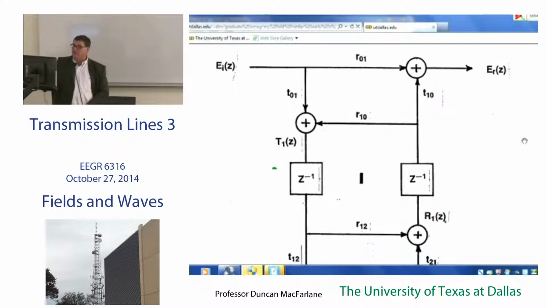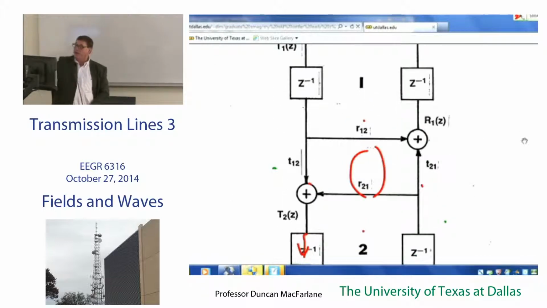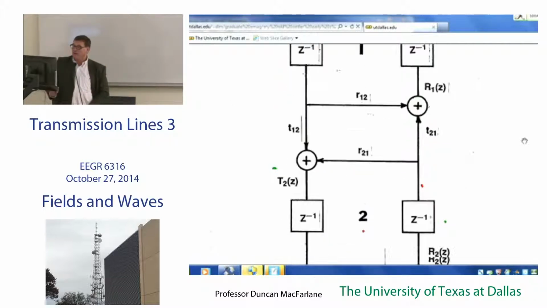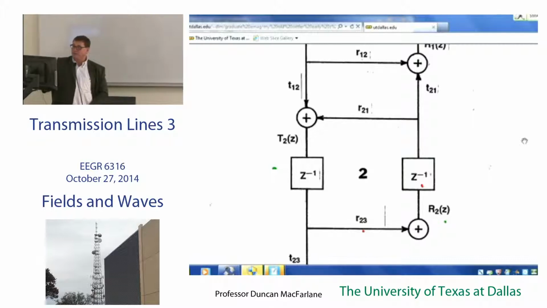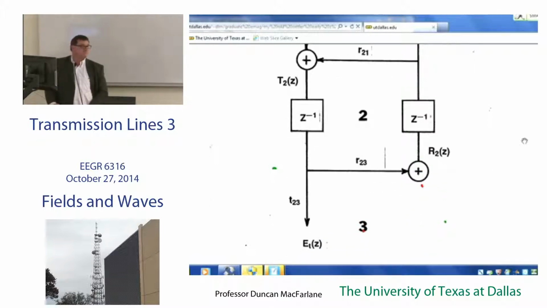So if I look at this guy here, this is the first mirror, this is the middle mirror, this is the first transmission line or etalon. Delay, the mirror structure here. And now I have a mirror structure in the middle. And then I have delays for my second cavity before finally I have the output.